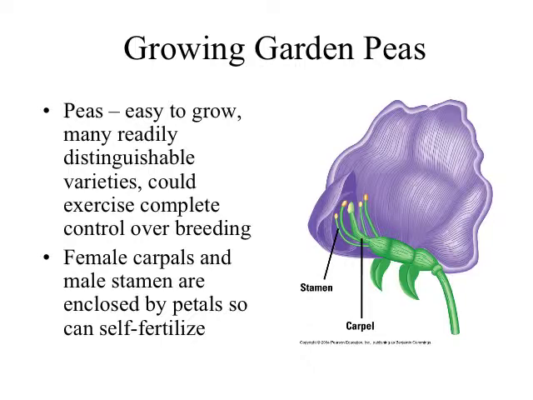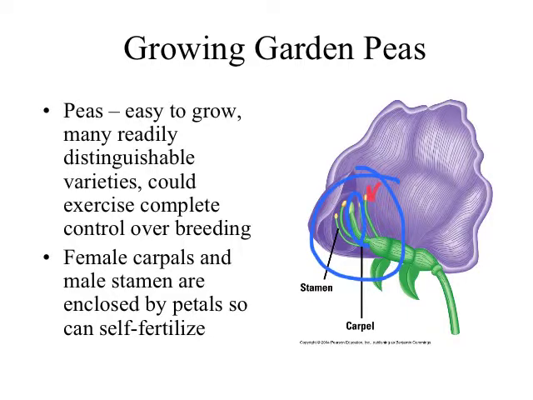And they could exercise complete control over breeding them, because inside of the flower we have the male and female parts, the stamen and the carpel. The female part is the carpel right here, and the male part is the stamen.